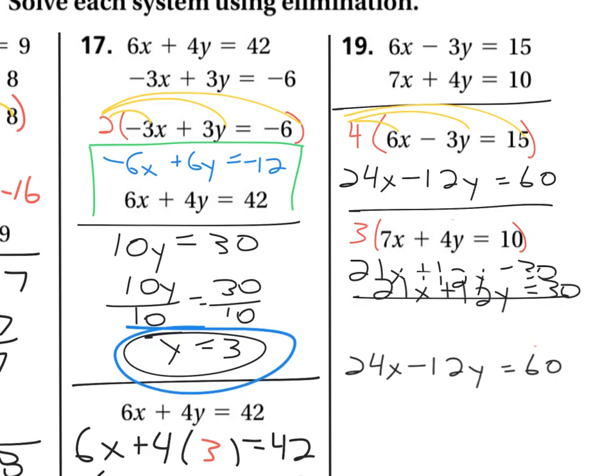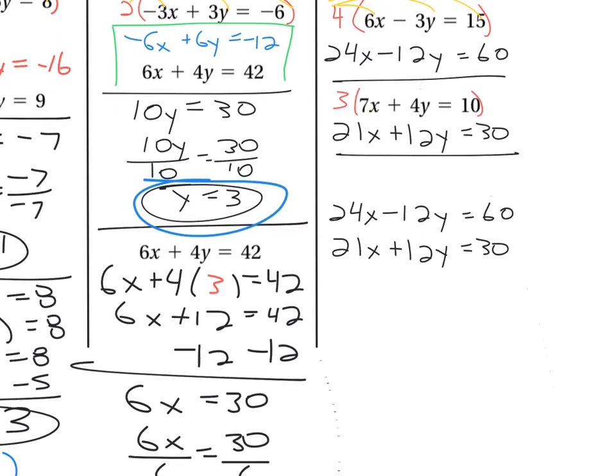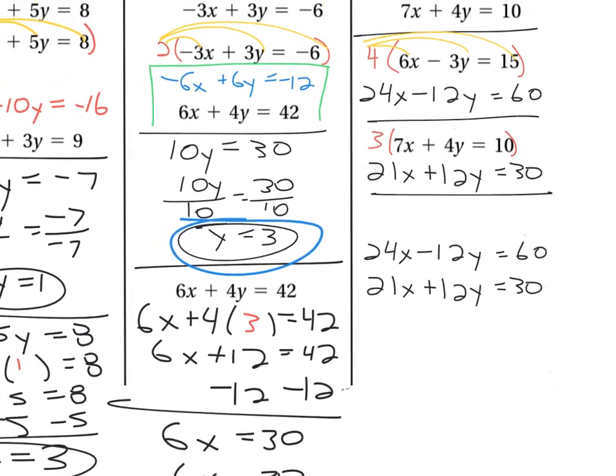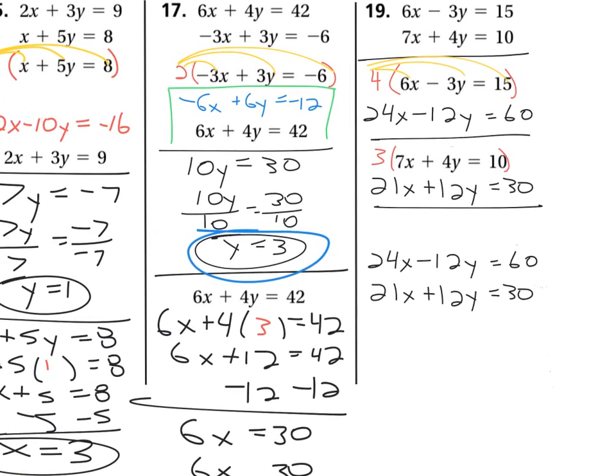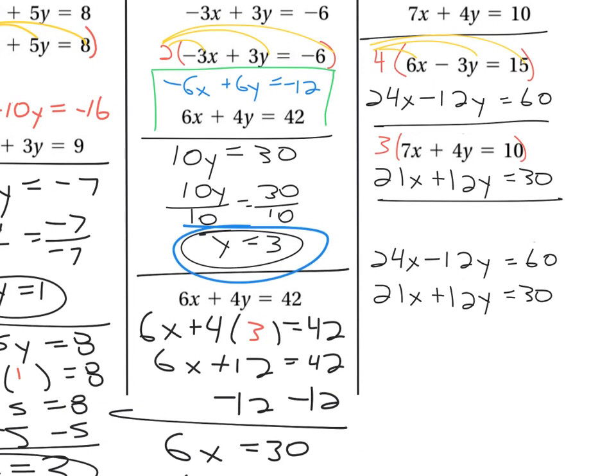This, drag it down here, and now I've got two equations. If I move this up, I've got two equations that I've modified both of the original equations. So now what we've got are two equations that have exact opposite y coefficients, right? Now I can just add them together. Let's see what we get here.